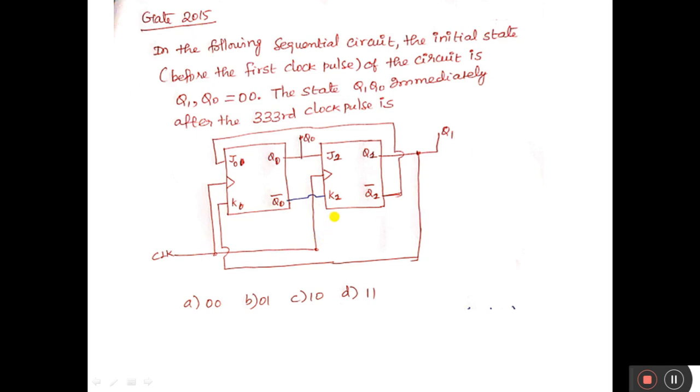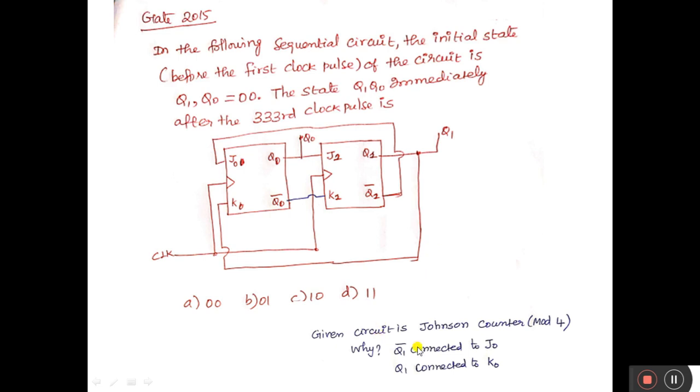Using this key, Johnson counter mod 4, try to solve this problem and get the solution. The given circuit is a Johnson counter mod 4. Why? One complement is connected to J, another Q1 is connected to K0.